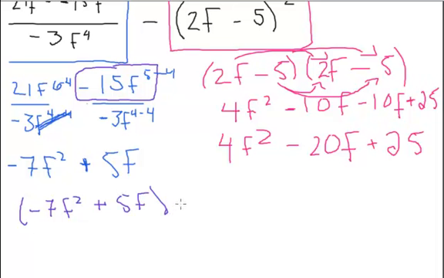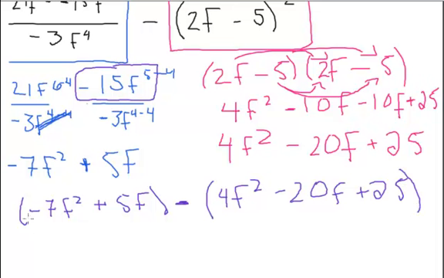Then there's a negative that separates the expressions, so I'm going to put a negative there. Open the bracket again and write this one down: 4f^2 minus 20f plus 25. Now I'm going to look outside my brackets to see if there are any negatives. There are no negatives on the first, so I could just drop these brackets. But there's a negative right here, so I have to make sure I distribute the negative to all the terms inside that bracket.